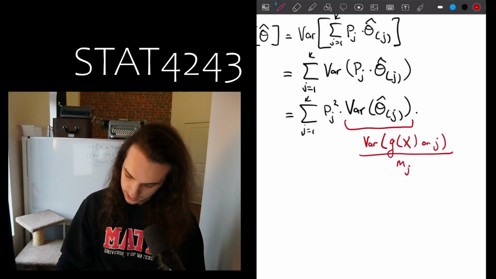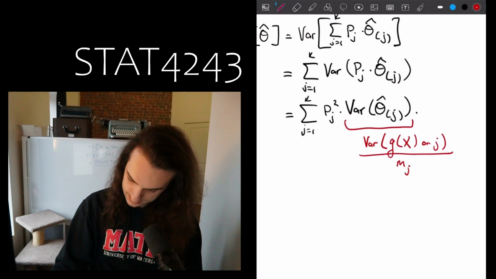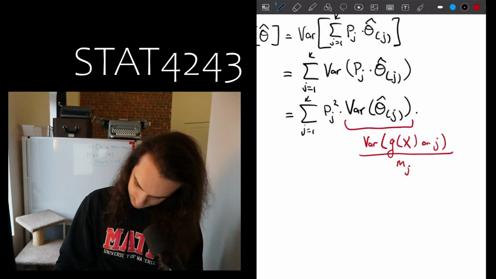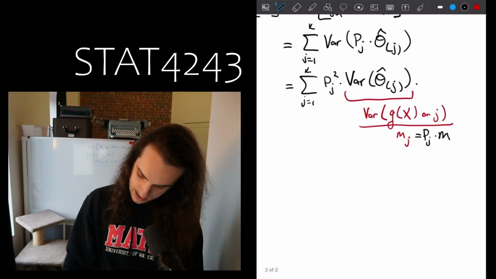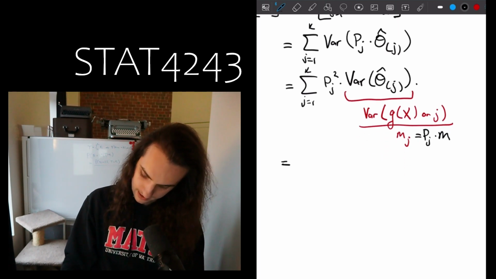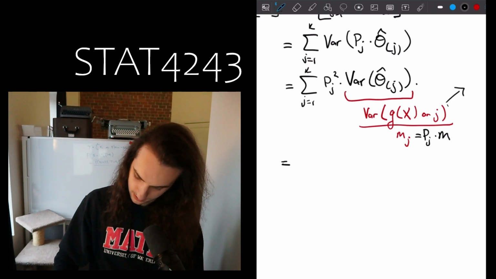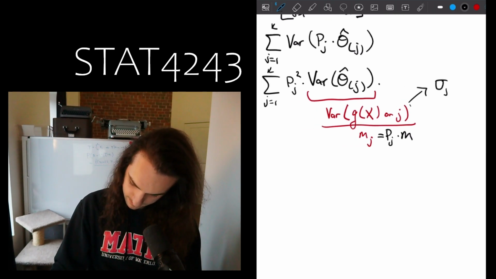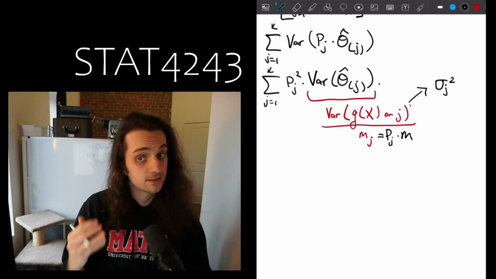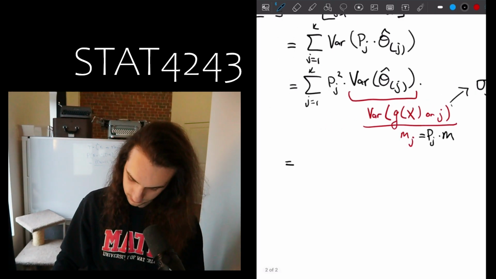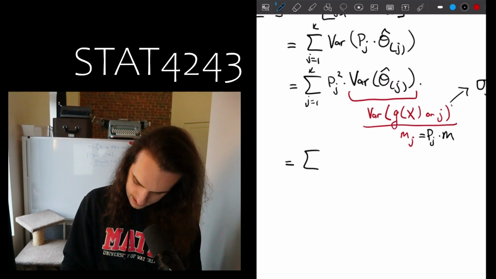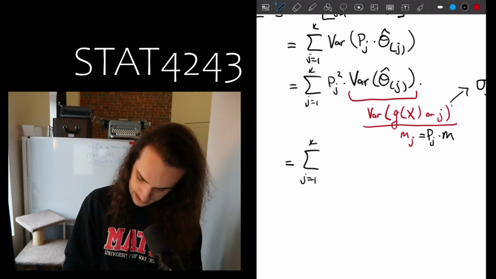right? And mj we might want to write as pj times m, right? And so if we take this variance term here and we just call this, say, sigma j squared, right? So sigma j squared is the variance of the function on the jth interval. Then simplifying this down, we get the sum over j from 1 to k.